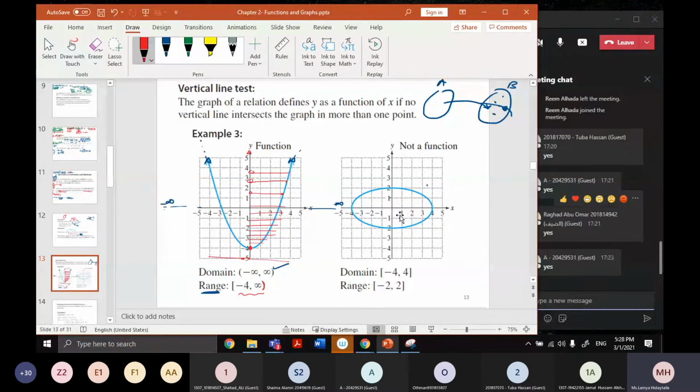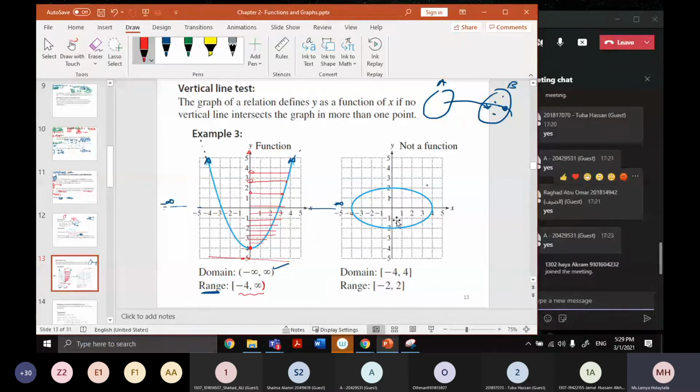طب okay, for this what is the domain? الدومين هو شنو؟ الاكس values. طيب البلوت from where to where؟ يعني انا هنا كان البوينت دي -3 and something، هي في مثلا 2 and half and something وهكذا، صح؟ Okay, so what are the x values? This is the domain from -4 and up to 4.